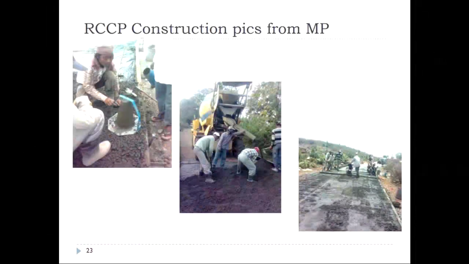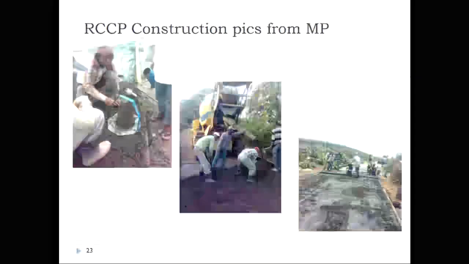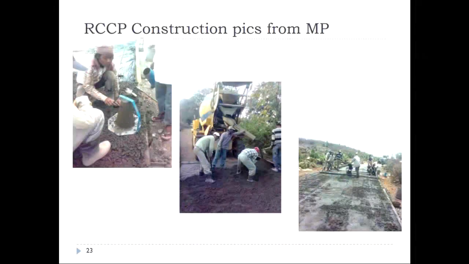Now, these are some construction photographs based on the trials which were carried out in Madhya Pradesh. You can see this is basically a zero-slump concrete, mixed using an Ajax. Of course, when you're using an Ajax, because your water content is slightly lower when compared to a conventional concrete, you will have a lesser rate of production in terms of dispersing the material from the Ajax to the ground.